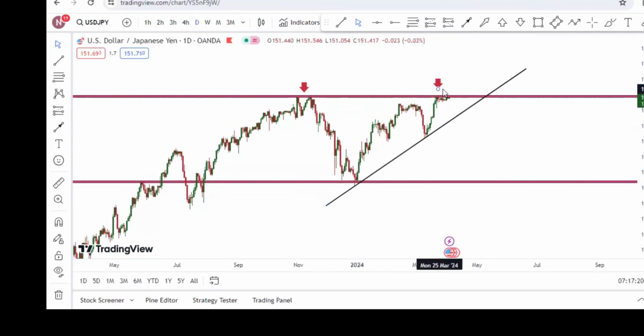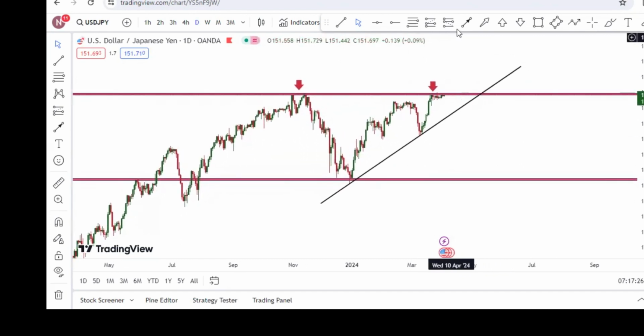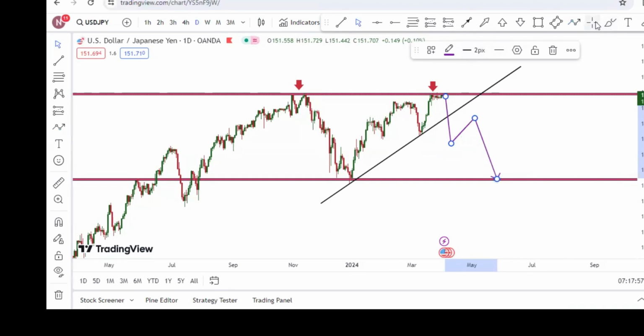These are two important levels. So I'm expecting this market to come and break this lower zone to the downside, to confirm for me that the market is now changing direction to the downside, and also retest the 60 level of my Fibonacci. Then I can take this trade to the downside.